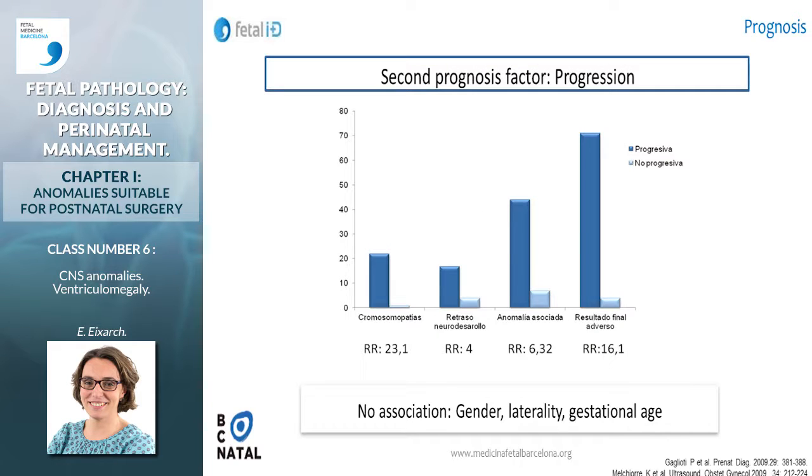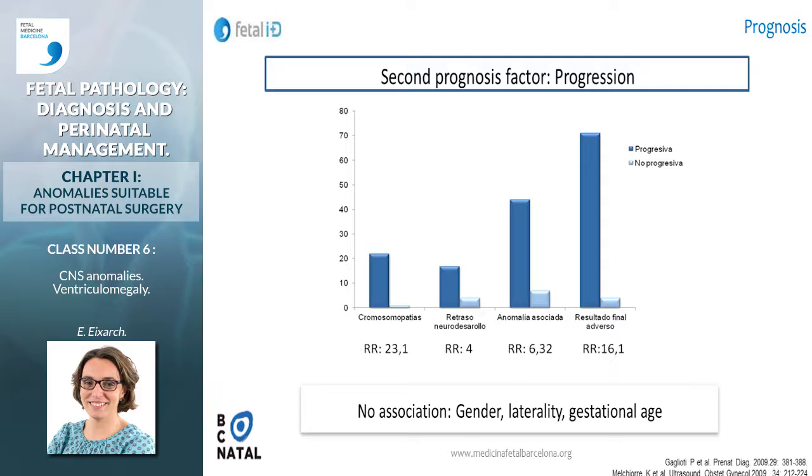But there are other factors. The second important prognosis factor will be the progression. We know that when a ventriculomegaly is progressive, we'll have a poorer prognosis regarding chromosomopathy, which will be multiplied by 20, the rate of impaired neurological development, which will be multiplied by 4, the rate of associated anomalies, and finally, the adverse perinatal outcome is multiplied by 16.